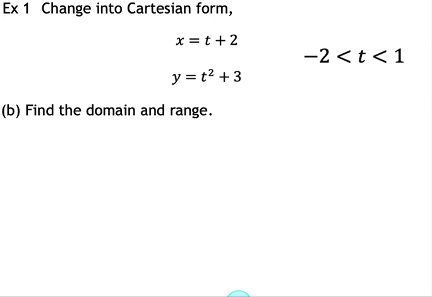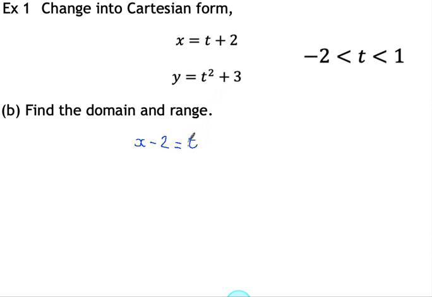It's in parametric form, x in terms of t, y in terms of t, and we've been told some restriction on this value of t. So first job to change into Cartesian, if we're given something in this form, is take this first expression and make t the subject.